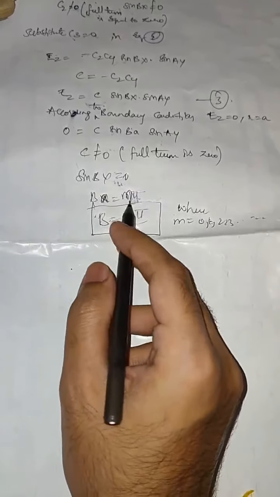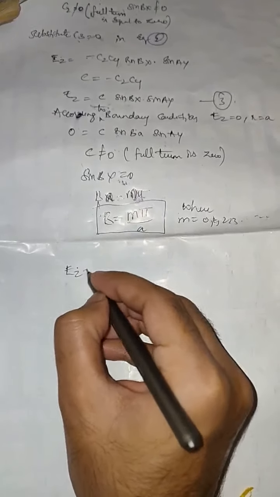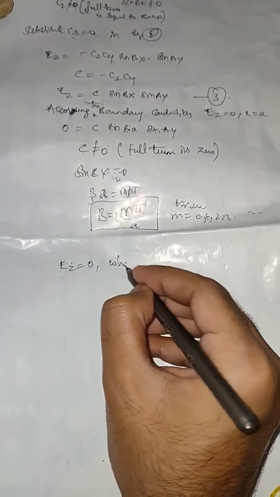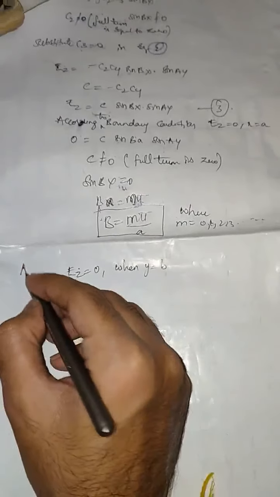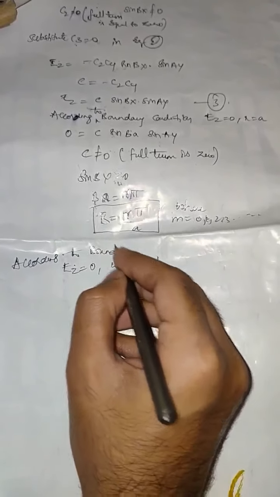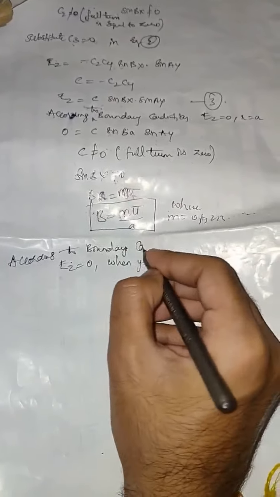Similarly, we have to substitute another boundary condition, which is Ez equals 0 when y equals b.